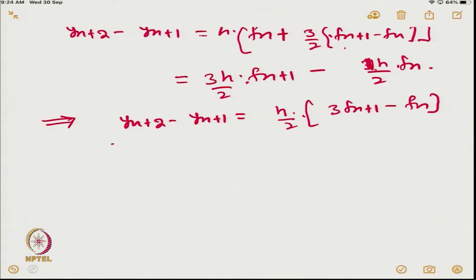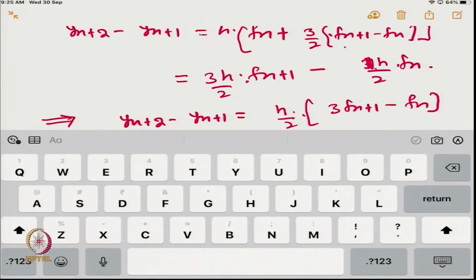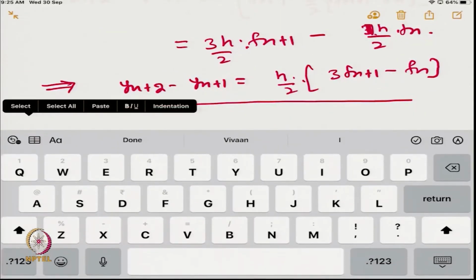So, this is the scheme we observed in the second order Adam-Bashforth method, because this starts from n plus 2. So, this is recursive.